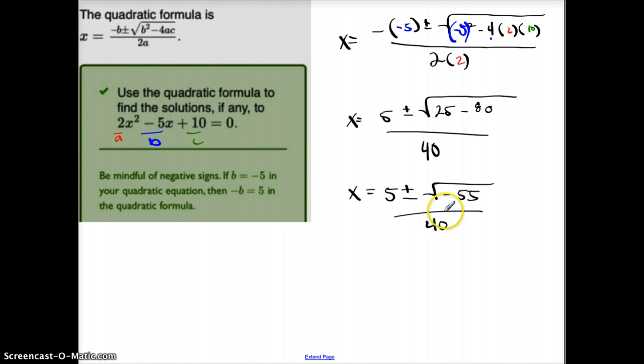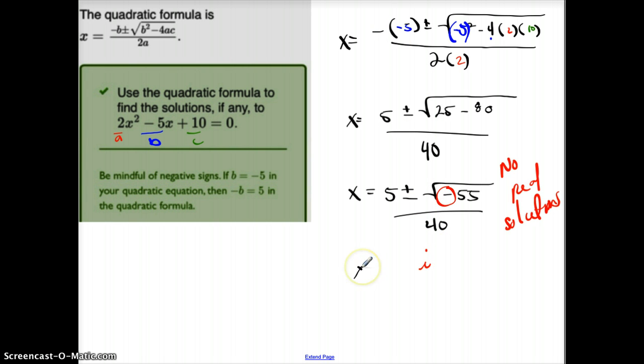Anytime there's a negative inside a square root, this is when we have no real solutions. I know you covered this in Ms. Cassiano's class. There are no real solutions if this is a negative because there are no answers for a negative. So anytime there's a negative, this is what we're going to do. A negative inside a square root will come out as an i.